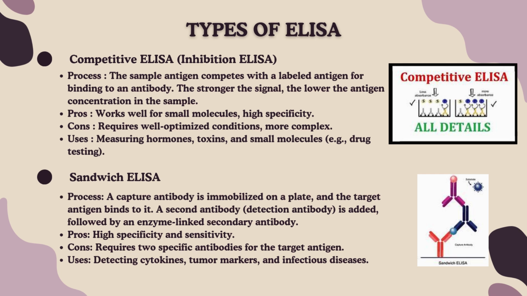The pros for sandwich ELISA are high specificity and sensitivity, and the cons are that it requires 2 specific antibodies for the target antigen. The uses for sandwich ELISA are detecting cytokines, tumor markers, and infectious diseases.